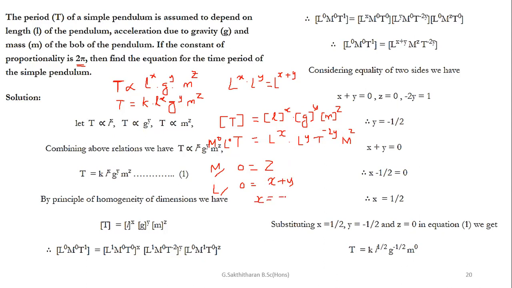Last one, I'm going to equate the power of T. Here the power of T is 1 on the left hand side. On the right hand side the power of T is minus 2y.